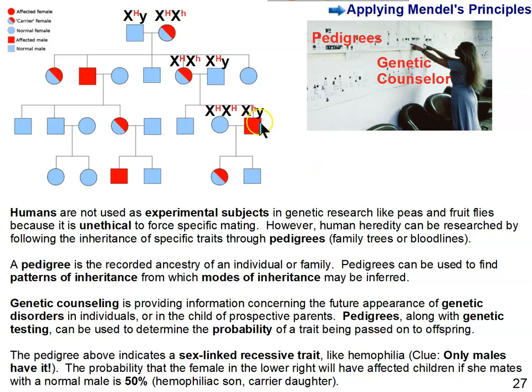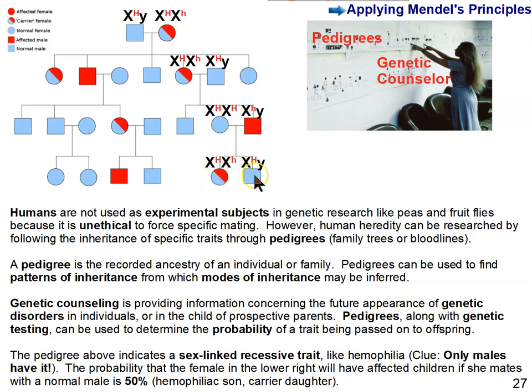Here we have a male that's affected, therefore he is hemizygous for the recessive allele, in other words, lowercase h on the X chromosome that he received from his mother. This female then is a carrier, and the genetic counselor would be able to figure that out by looking at the family history.